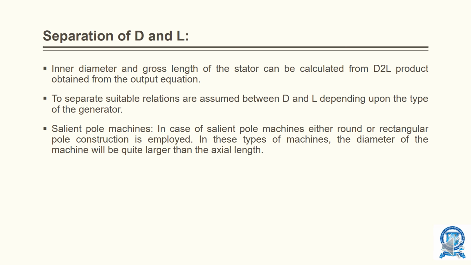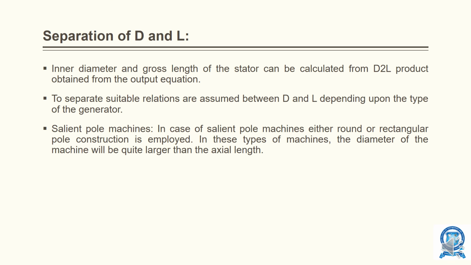The inner diameter and gross length of the stator can be calculated from the D square L product obtained from the output equation. To separate them, suitable relations are assumed between D and L depending upon the type of machine used. In case of a salient pole machine, either round or rectangular pole construction is employed. For a DC machine, usually we go for a square shaped pole face.